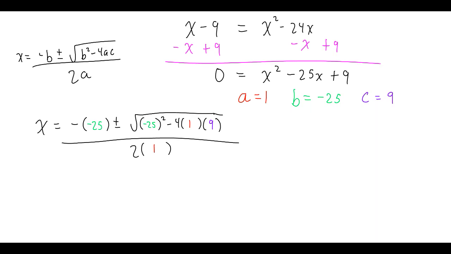Alright, so now let's work this out. Negative 25 is going to be positive 25, plus or minus the square root. 25 squared is 625. 4 times 1 times 9 is 36. 2 times 1 is 2.